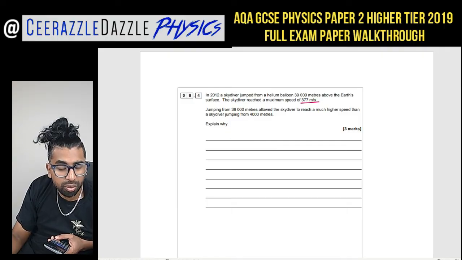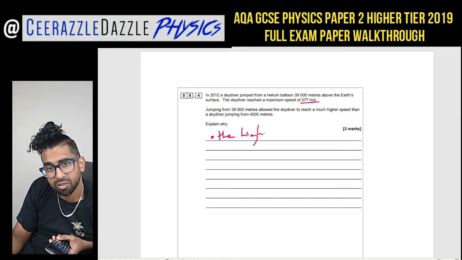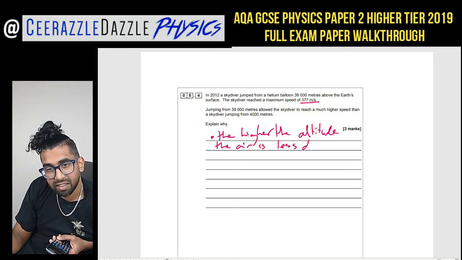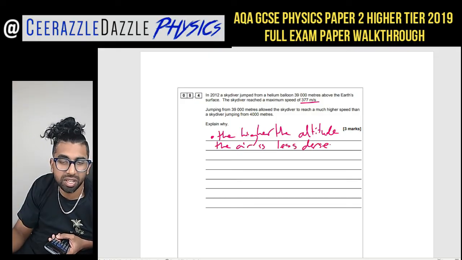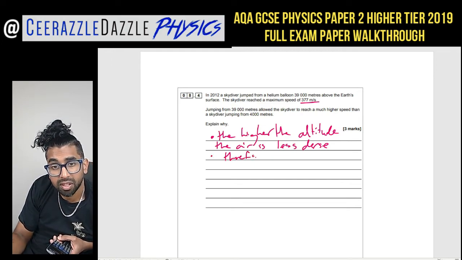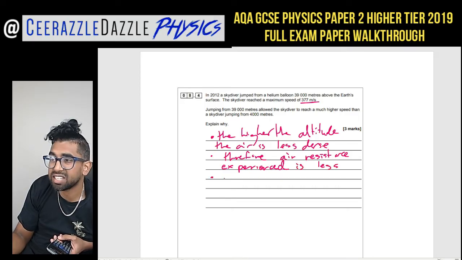So the higher up you go, hopefully you recognize that there's going to be, obviously, less air pressure. So the air is less dense. So the higher the altitude, the air is less dense. If the air is less dense, then as you fall through it, it becomes harder for the air resistance to build up. So the air resistance experienced is less, and therefore it takes longer to build up.